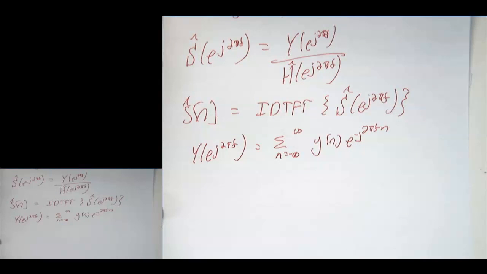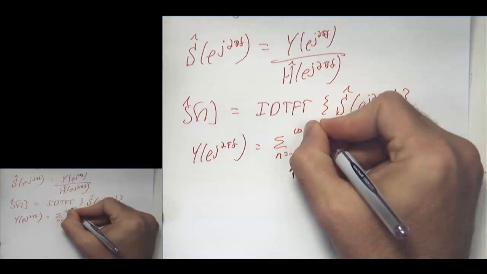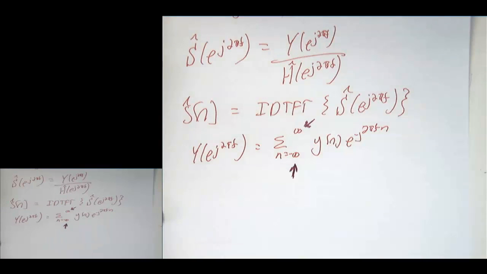And the problem comes in this right here: we really have to have the entire sequence, or a reasonable approximation of it, to properly compute this DTFT.